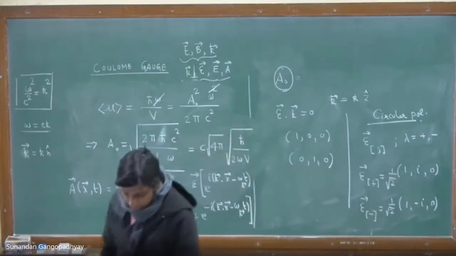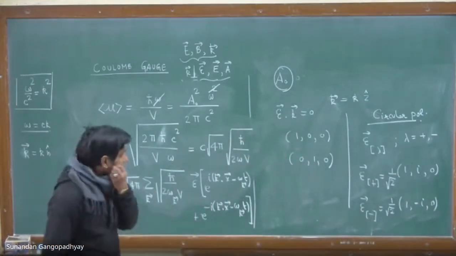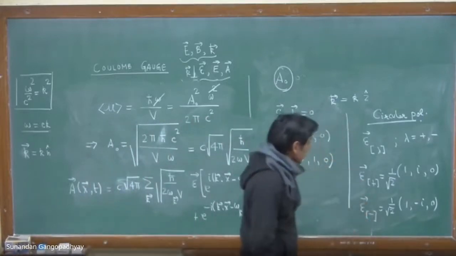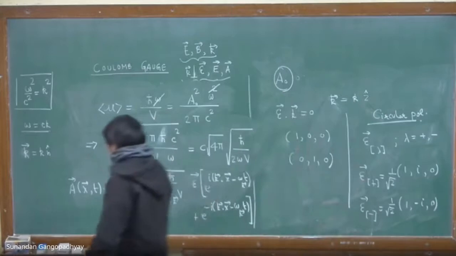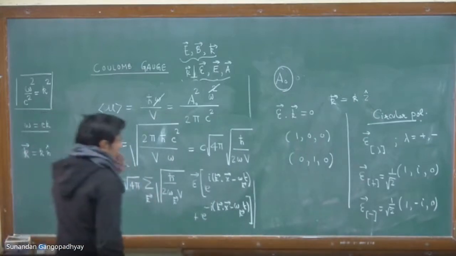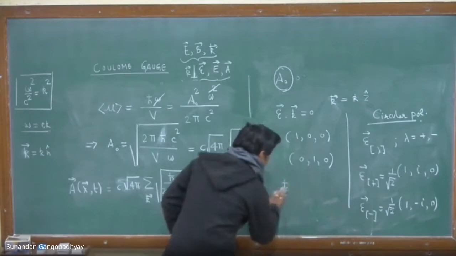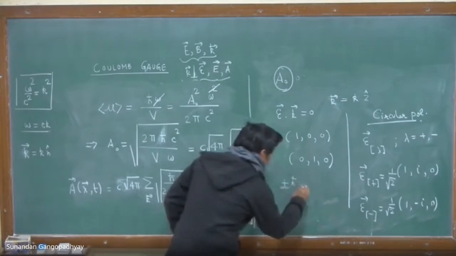Then these states that we have written down, epsilon vector plus and epsilon vector minus, correspond to the angular momentum projections of plus ħ and minus ħ.